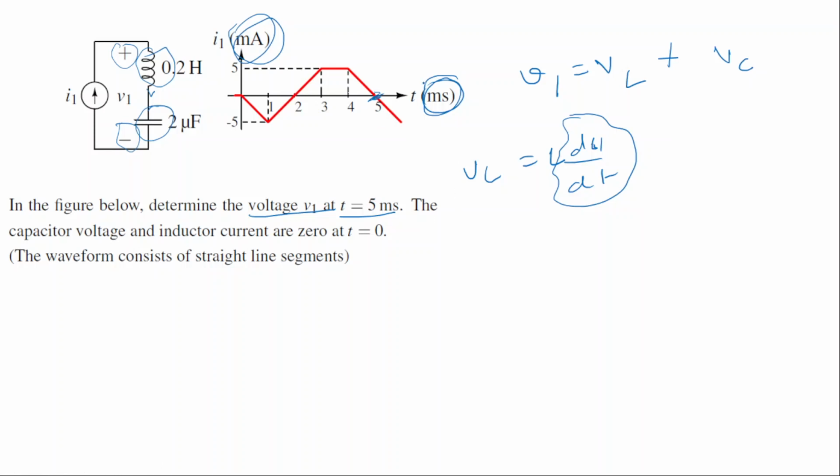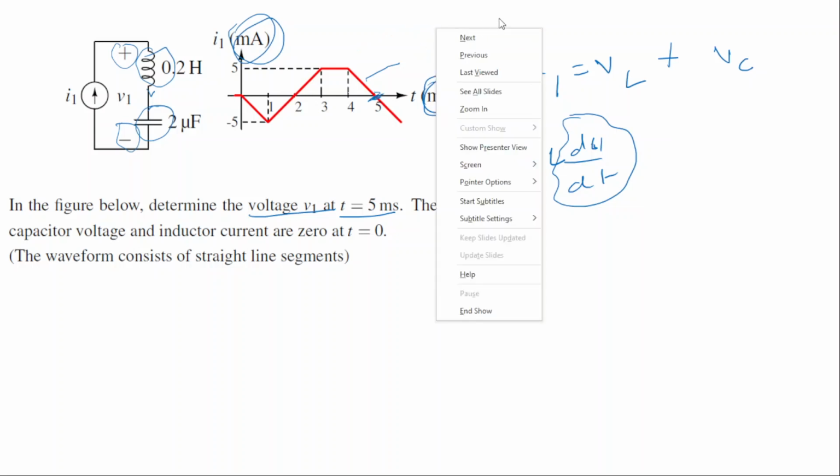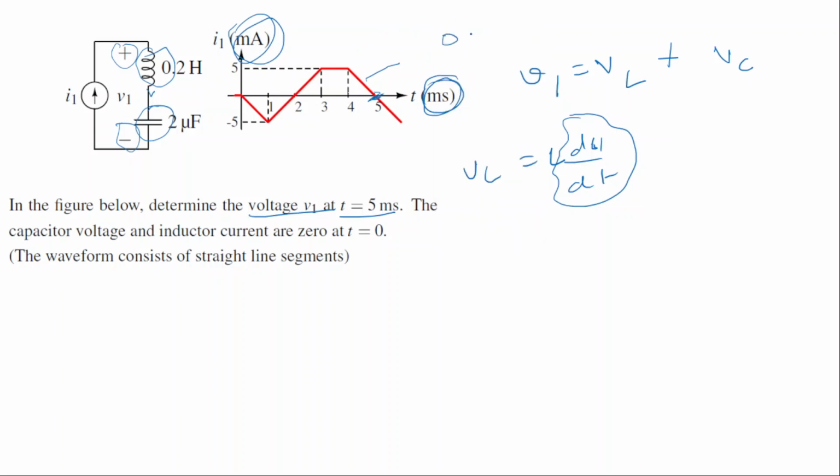Okay, so let's calculate the slope at this point. The slope will be equal to I2 minus I1, which is 0 minus 5 divided by 5 minus 4.